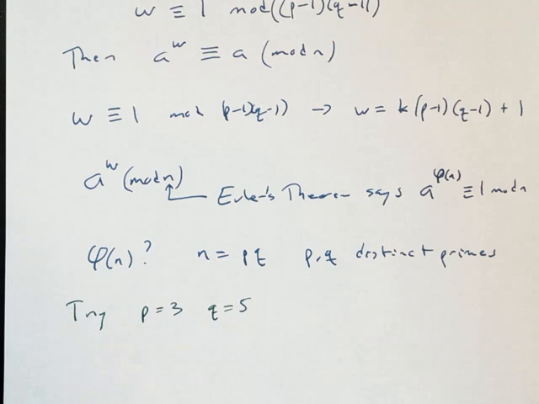How many numbers less than 15 are relatively prime to 15?